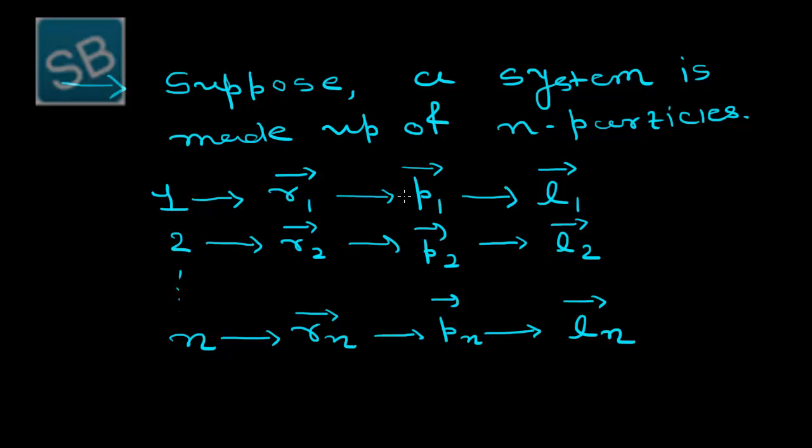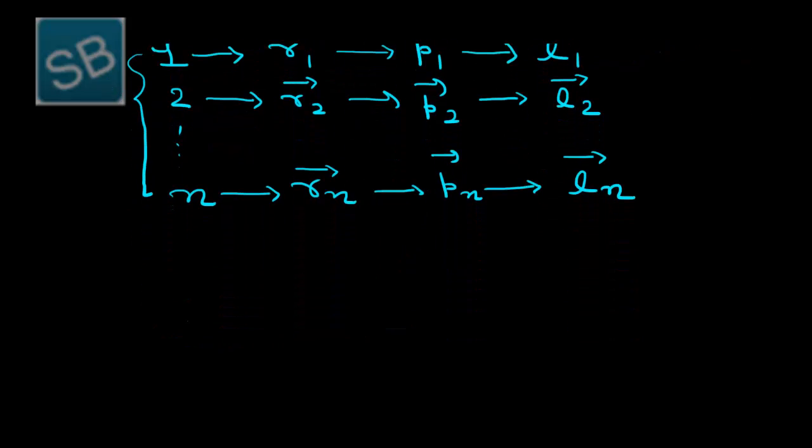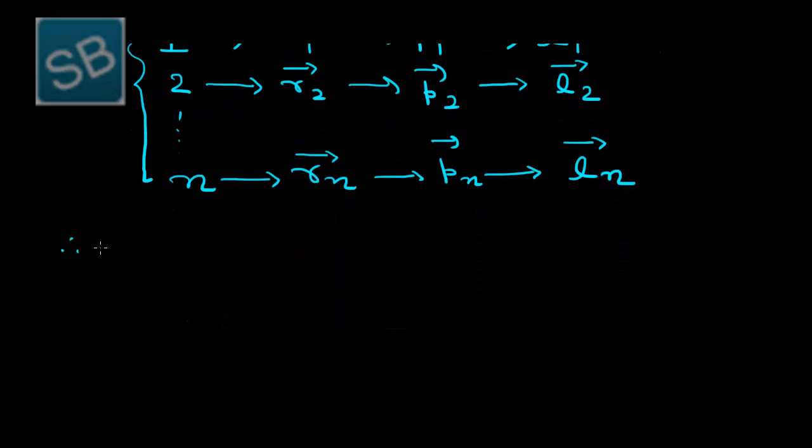So, if I want to find the total angular momentum of the system, then we know it is the vector sum of the individual ones. So now I am writing the total angular momentum of the system.